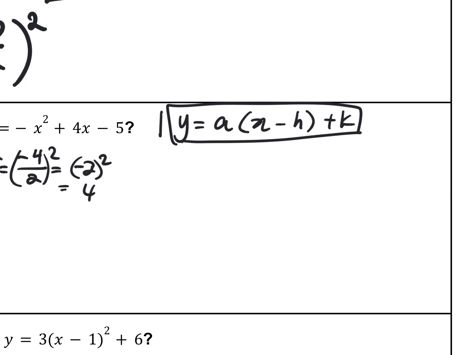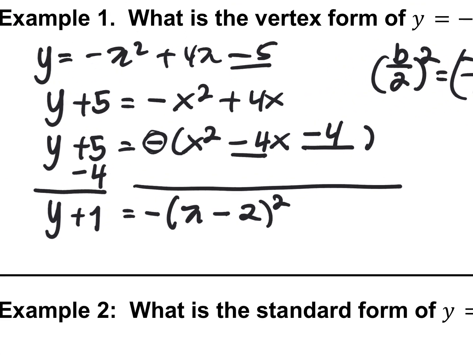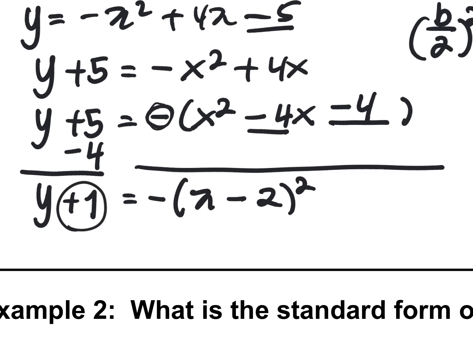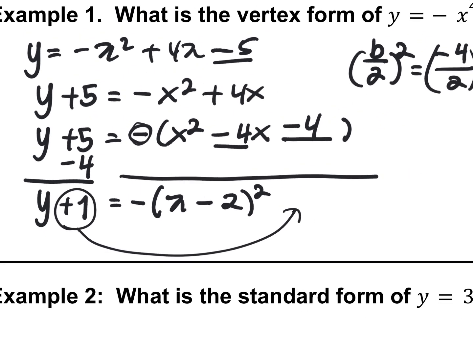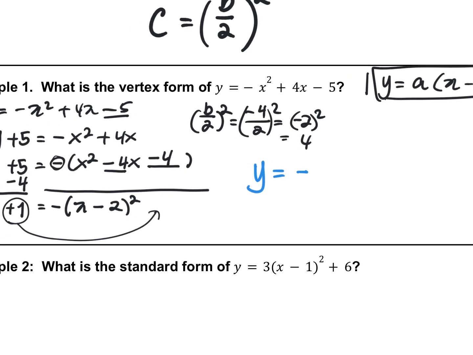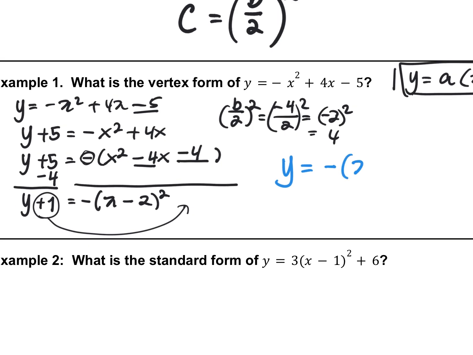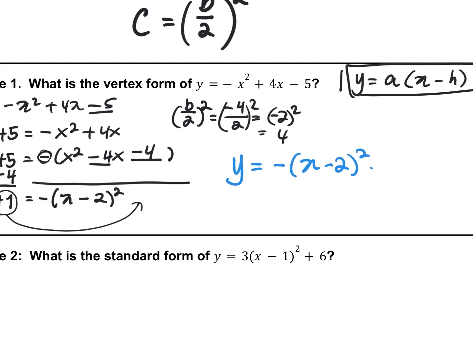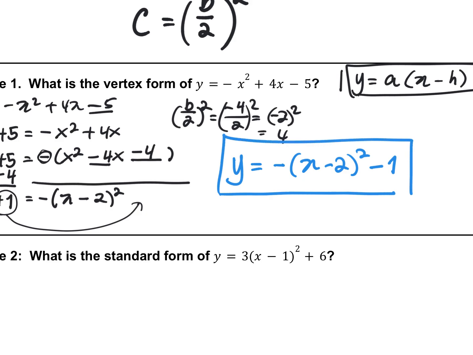So what we're going to be doing is we are just going to transfer this 1 to the other side. So here's our final answer: y is equal to negative (x minus 2) squared, and then minus 1. This is going to be the vertex form of this standard form of our quadratic equation.